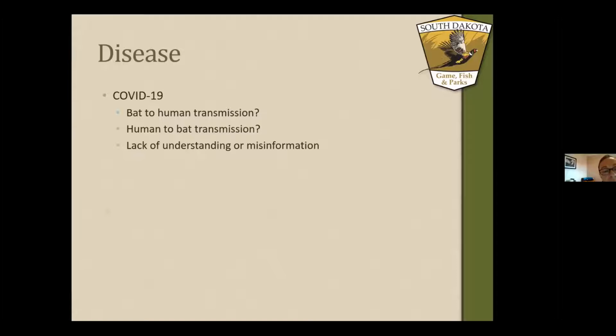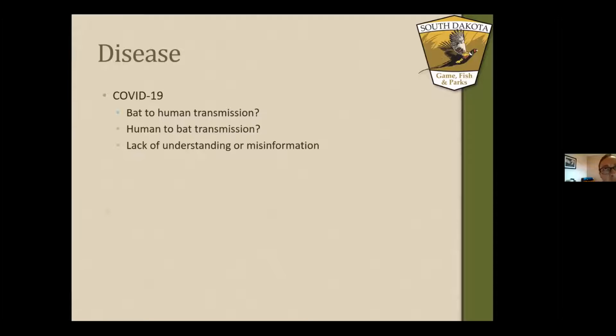And one of the other things I wanted to mention as well, with bats, one of the major things that I think prevents conservation is a lack of understanding or misinformation about bats.